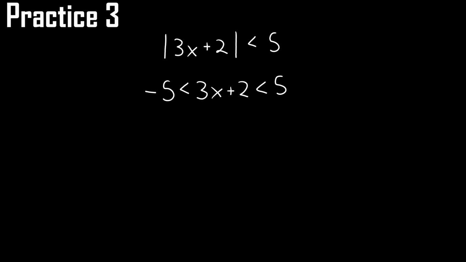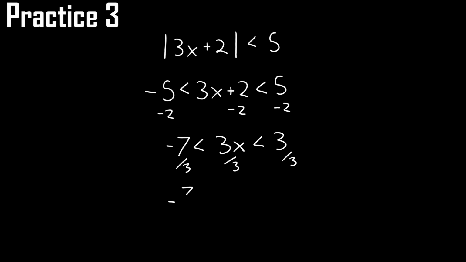Now we will subtract 2 from all sides. So we'll get negative 7 is less than 3x, which is less than 3. Now we can divide by 3. So our answer will be x is greater than negative 7 over 3, but less than 1. And that is the answer.